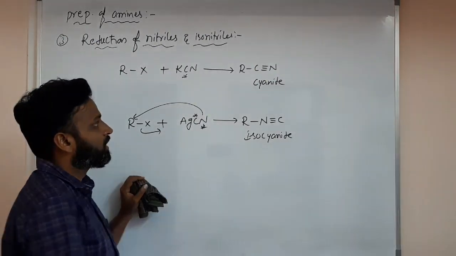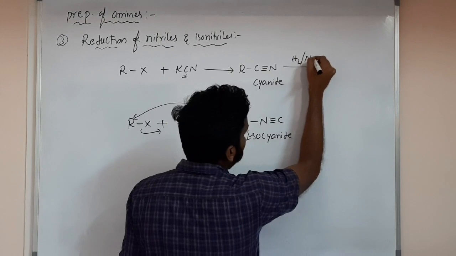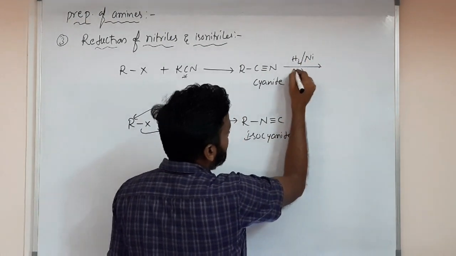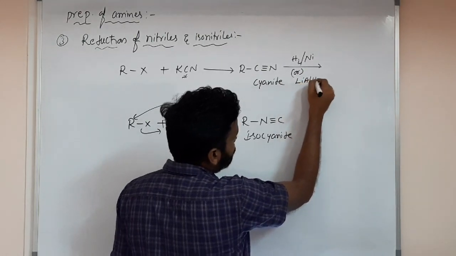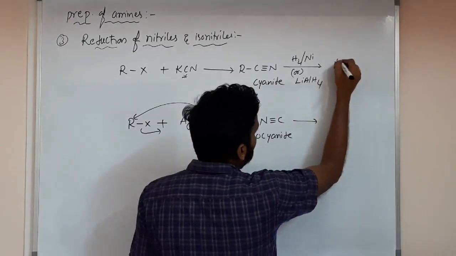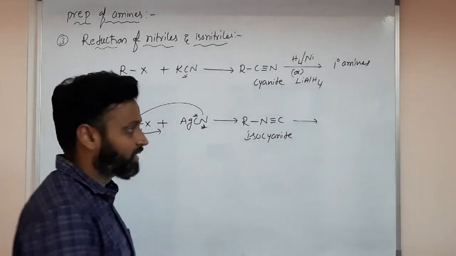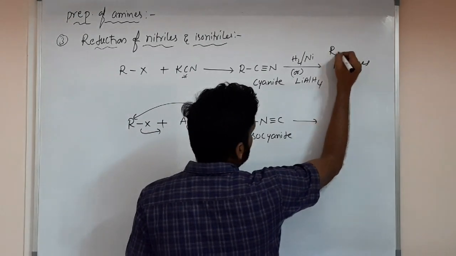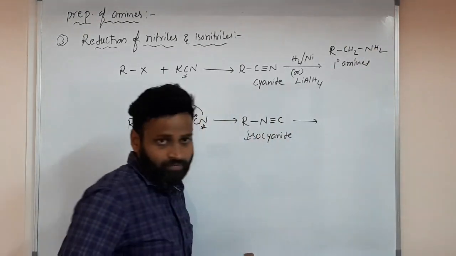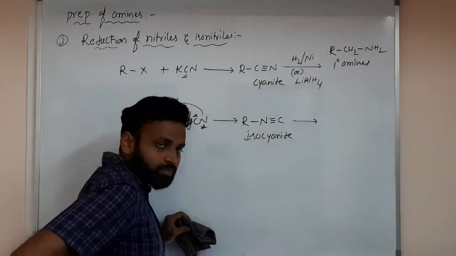So cyanides on reduction by using H2 with Raney nickel, or palladium with H2, or else LiAlH4, you will have primary amines here. What amines? Primary amine, that means RCH2NH2. The triple bond is there, so two bonds will break.